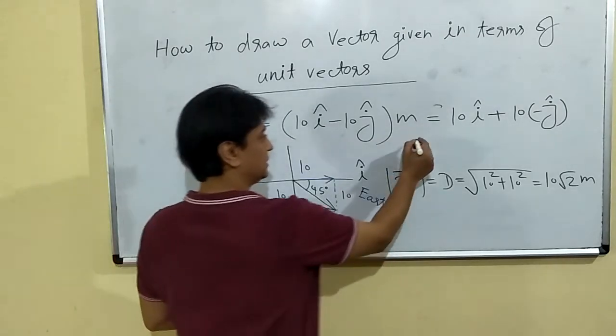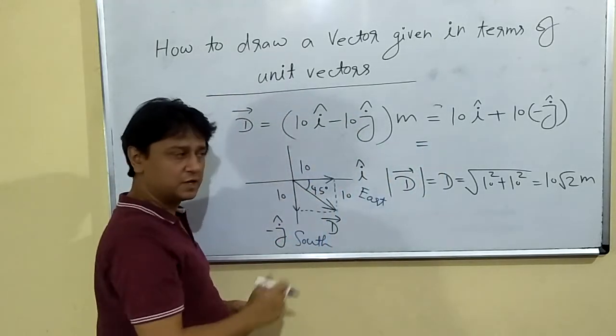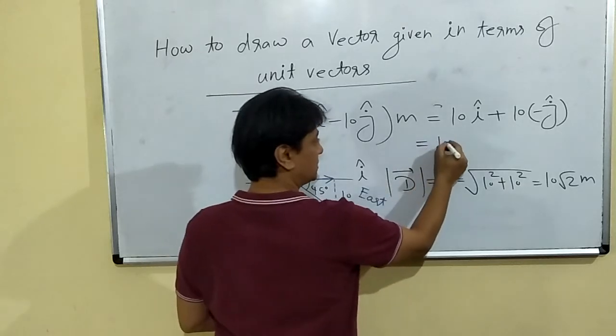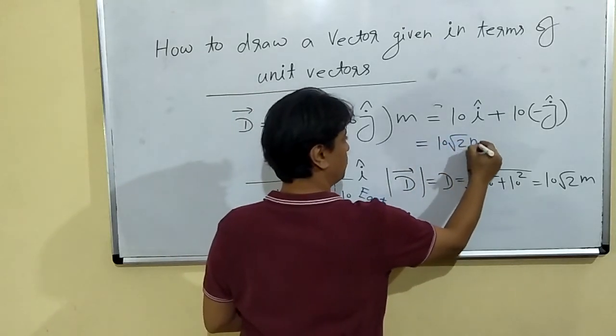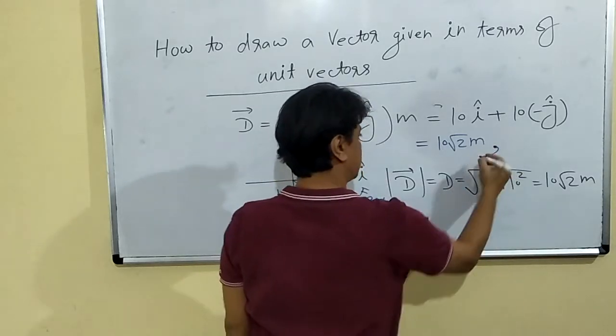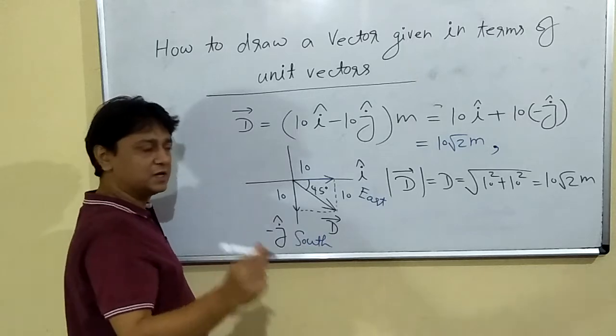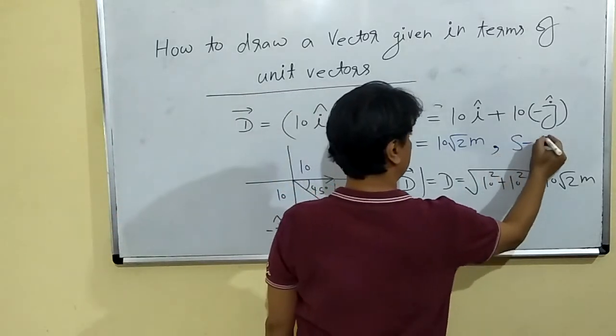Which means this command of 10 I cap minus 10 j cap is nothing but a displacement of 10 root 2 meters. That's the magnitude. And what is the direction? This direction at 45 degrees we call south east.